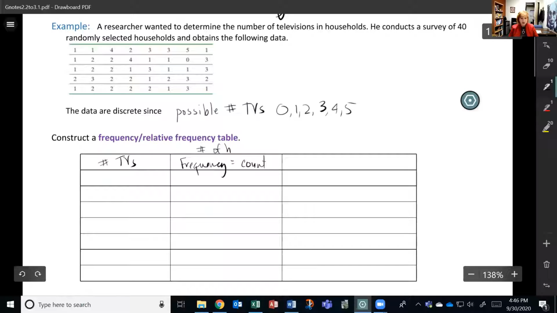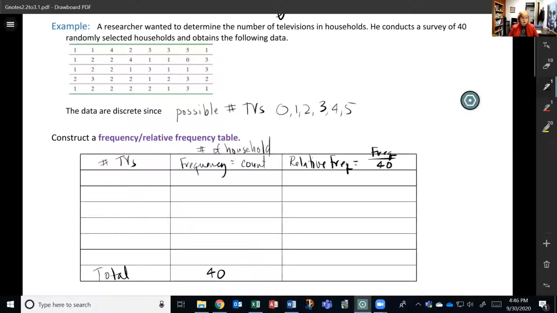Actually, this is the number of households. The number of TVs is my variable, and each observation is a household. I've got 40 households total. And this is my relative frequency. I get this by taking the frequency and dividing by the total number, which is 40.